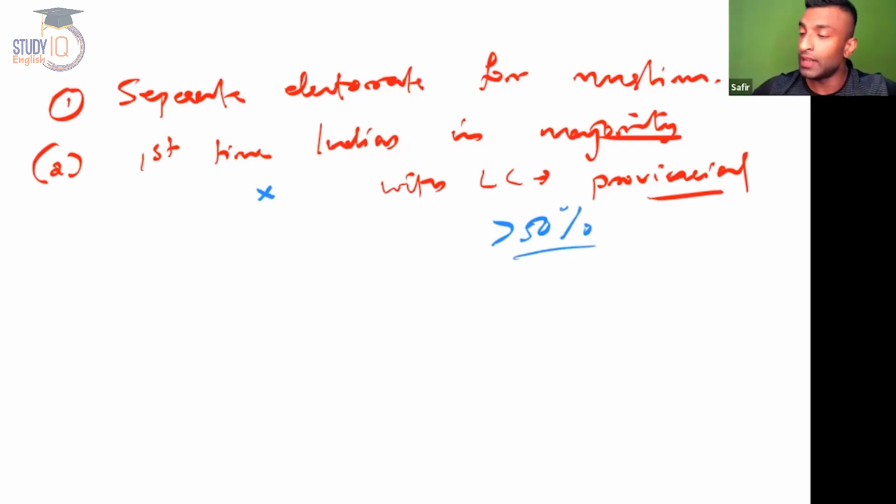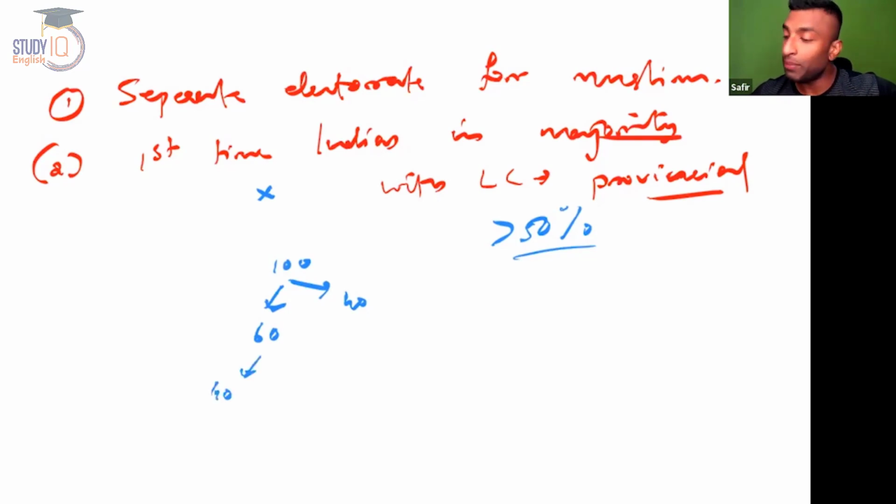But the catch here is, let's say there are 100 members. Okay, 100 members are there, out of which, let's say, when I say more than 50%, let's say 60 Indians and 40 others. So now, is this what you're looking for? Yes. But again, the catch here is, out of this 60, 40 will be elected and the 20 will be nominated.